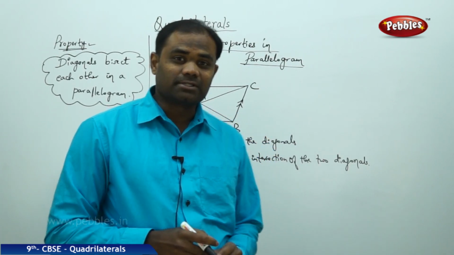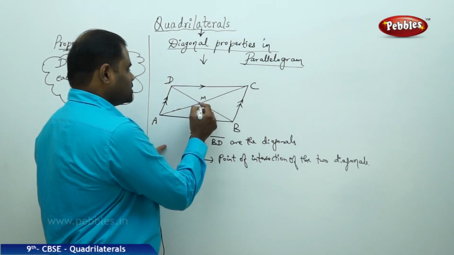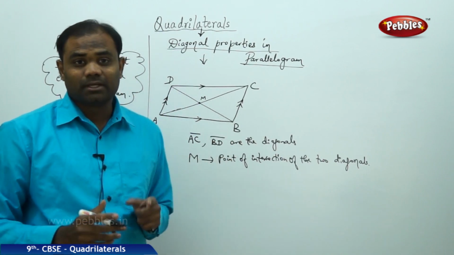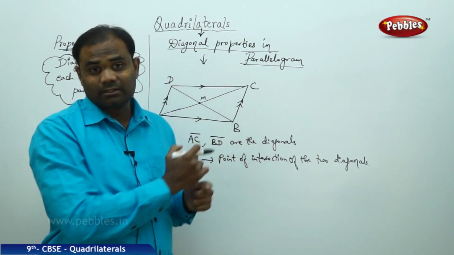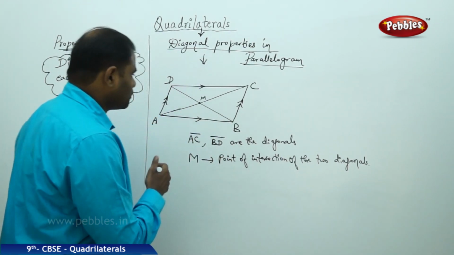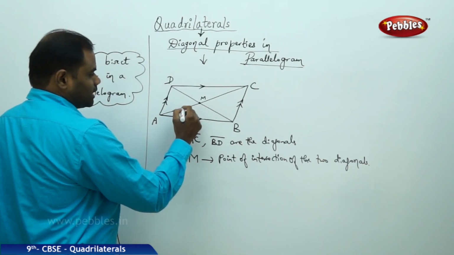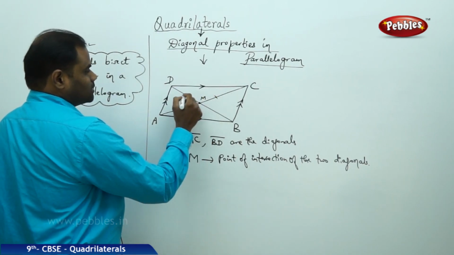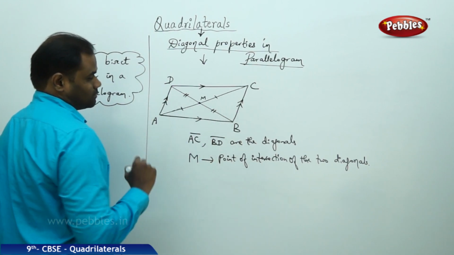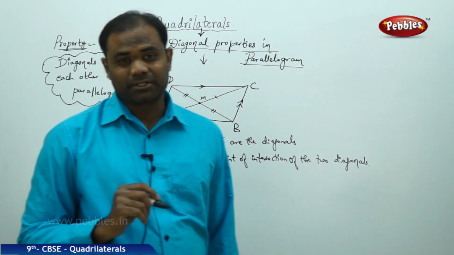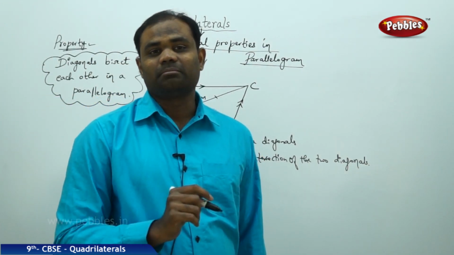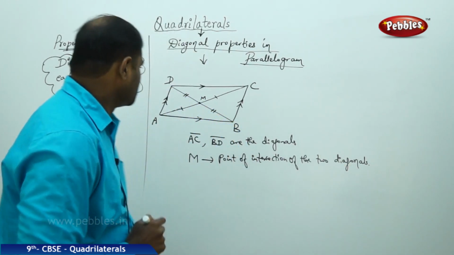Bisecting each other in the sense the midpoint of AC must be the same as the midpoint of the other diagonal BD. So when the point of intersection is this, I understand this equals this and this equals this. That is how the bisection is understood in the parallelogram concept.